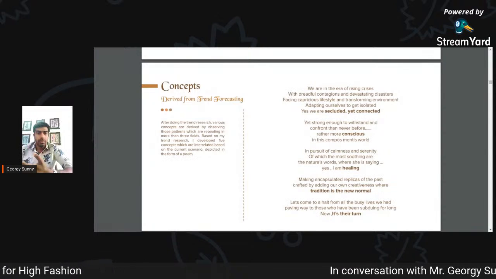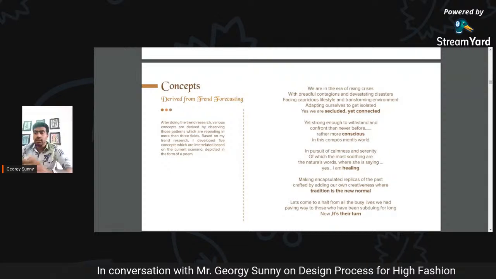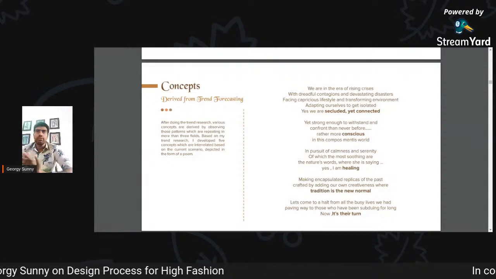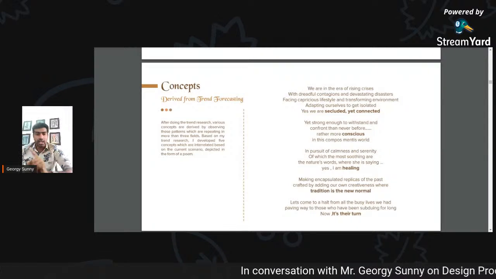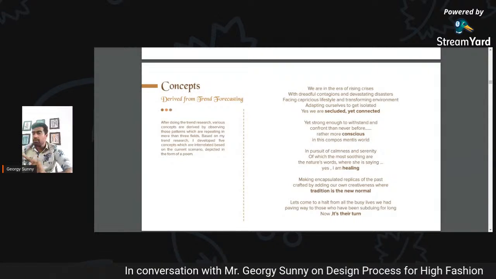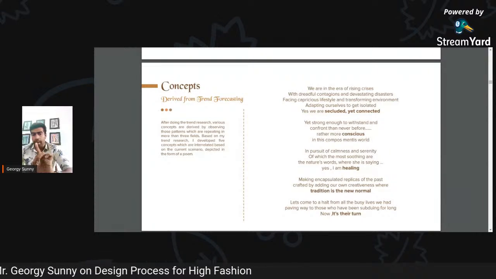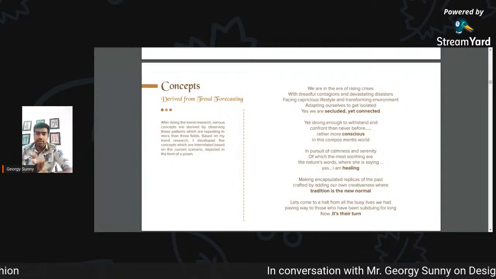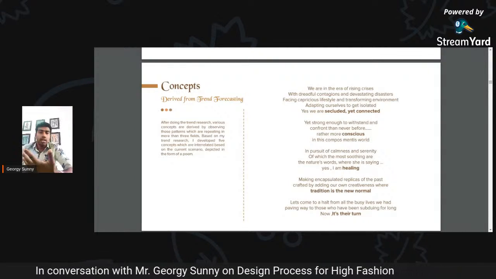Okay, so based on the entire research she has done, these are some of the gist of it I'm showing you. Actually, she has done an entire plotting of the map, and then she has connected how this pattern is connected with the other streams, how this pattern is connected with technology, how this pattern is happening in agriculture. That way she has connected it. After the entire connection, she derived some keywords, and based on the keywords, she came up with five concepts.